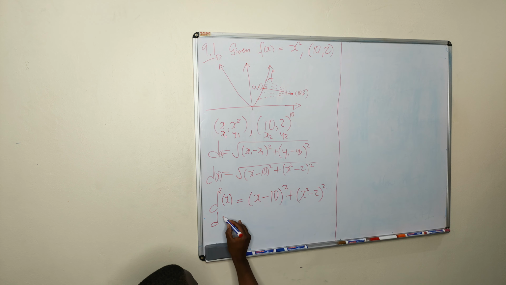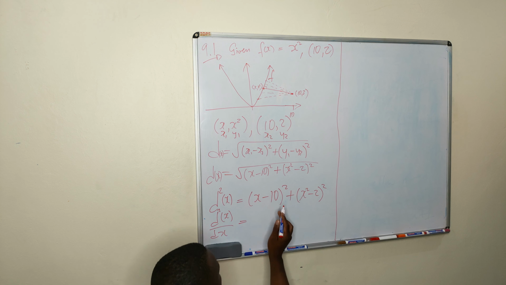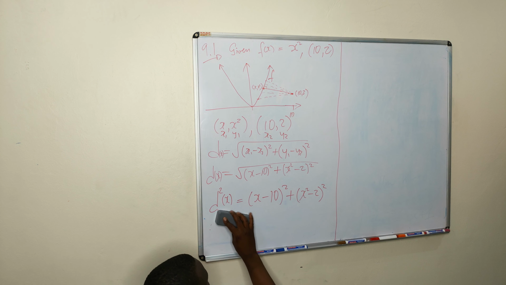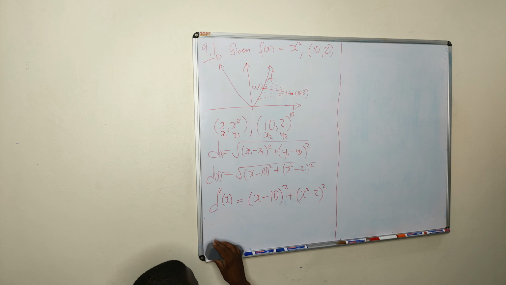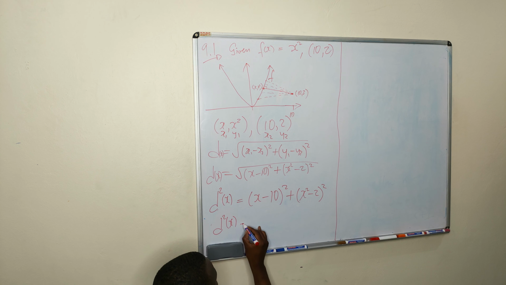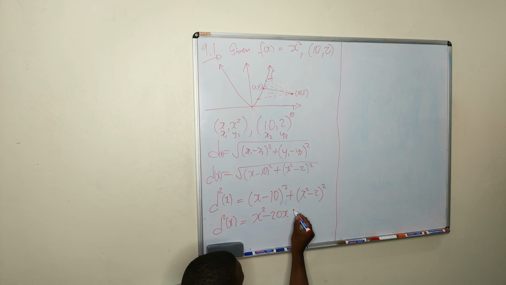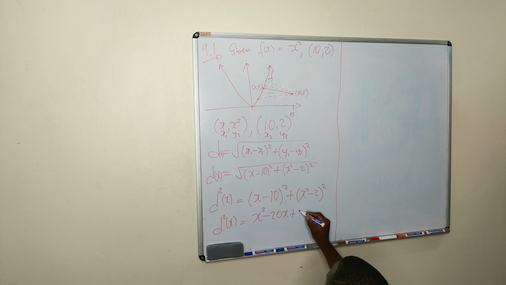So d squared of x with respect to x is equal to, oh okay, before we derive this, we need to simplify this part first. So we can say d squared of x is equal to x squared minus 20x plus 100, right?